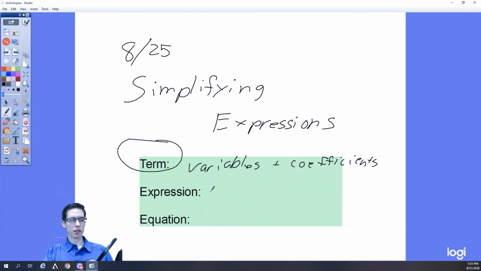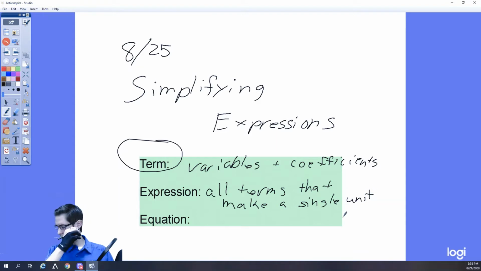But I'm going to say that it's all terms that make a single unit. So I can look at a set of variables and coefficients, and they're separated by addition and subtraction, stuff like that. I might be able to describe that as an expression.